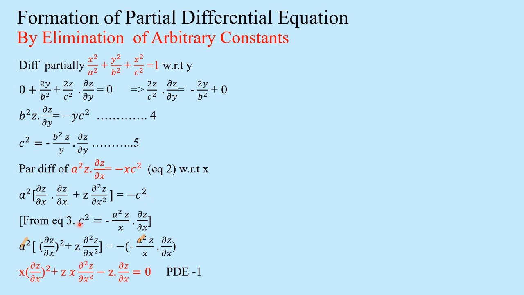Okay. Now from equation 2, we'll put the value of c. According to equation 3, c square is equal to this much. So this value we'll put it here, so we'll get this. Now simplifying it, this a square and this a square will get cancelled. This x we are going to bring it here. Then we'll multiply this x with this term and this term.